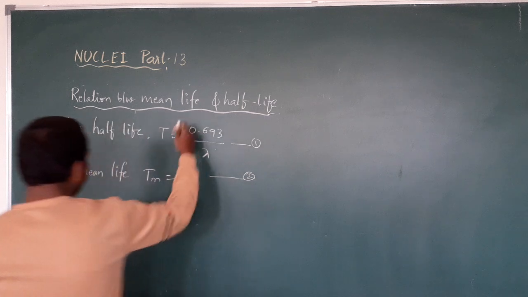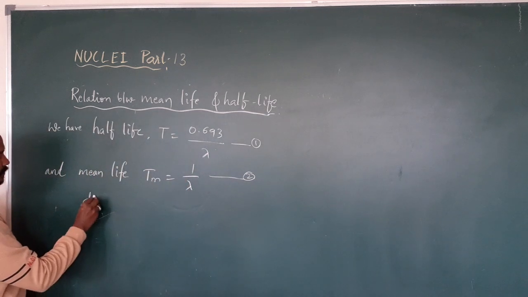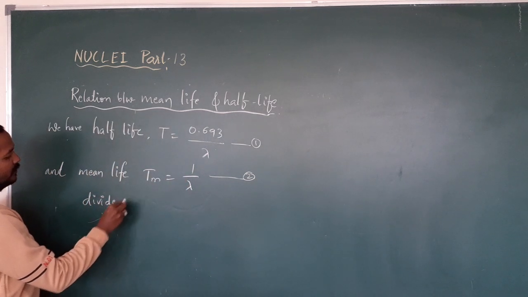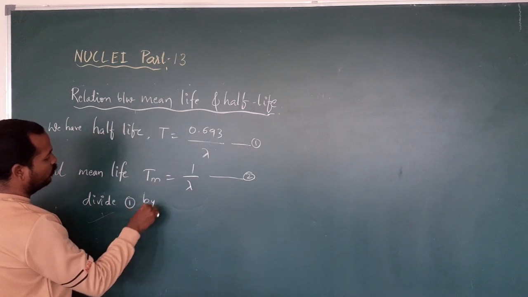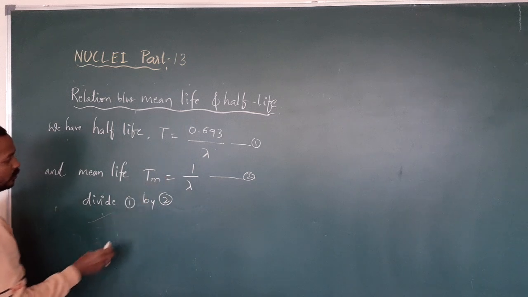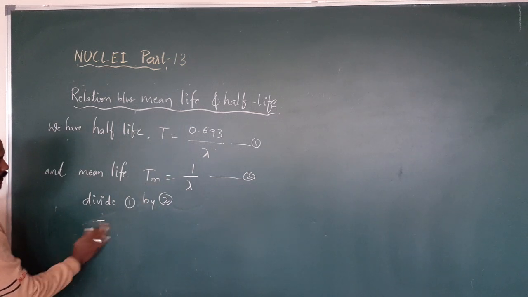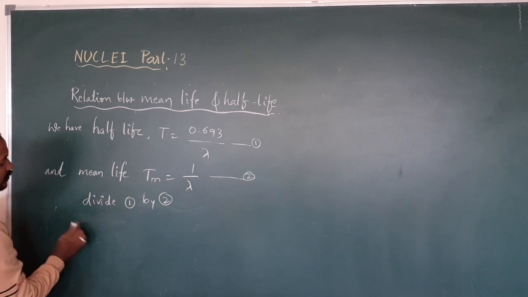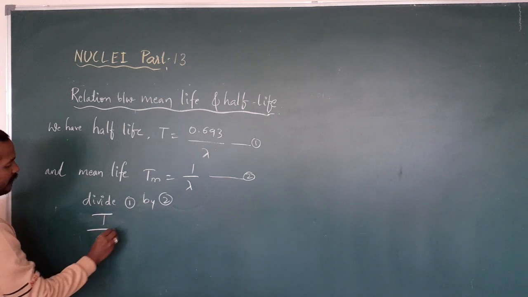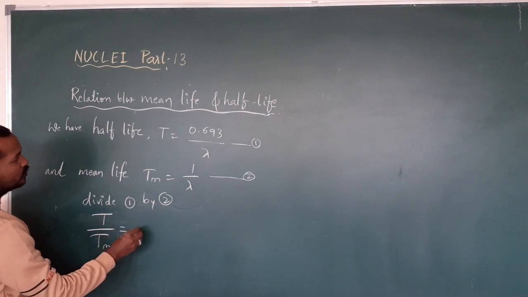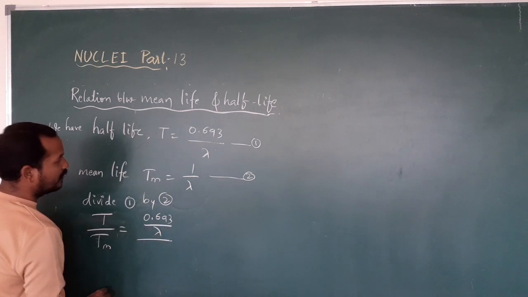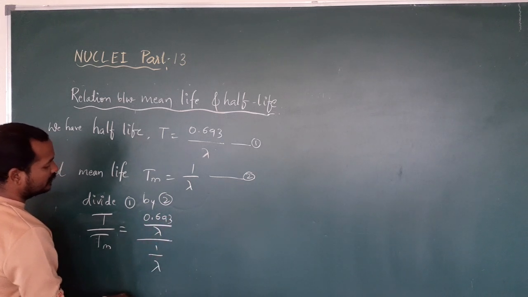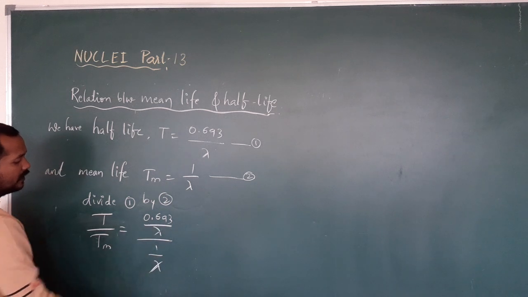Now divide these two equations, divide equation 1 by 2, such that t divided by tm is equal to 0.693 divided by lambda divided by 1 by lambda, such that lambda will get cancelled.